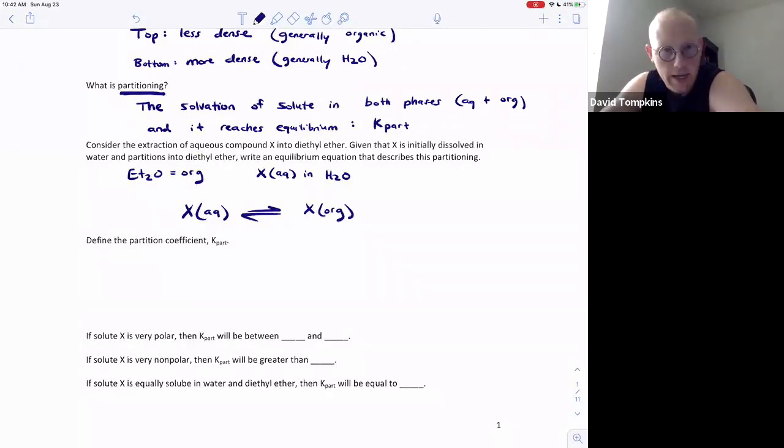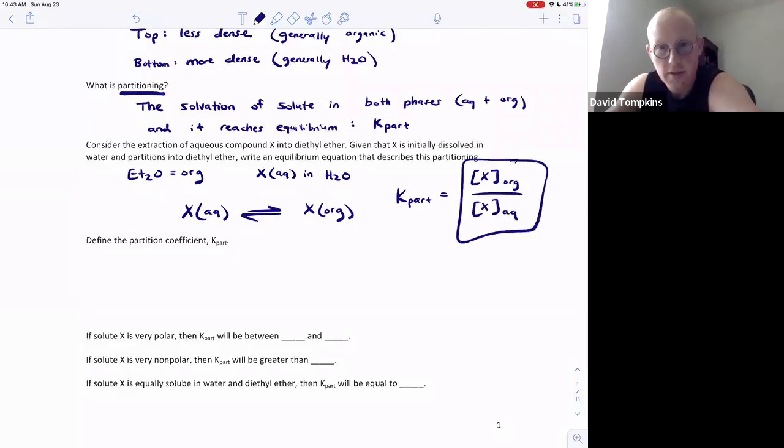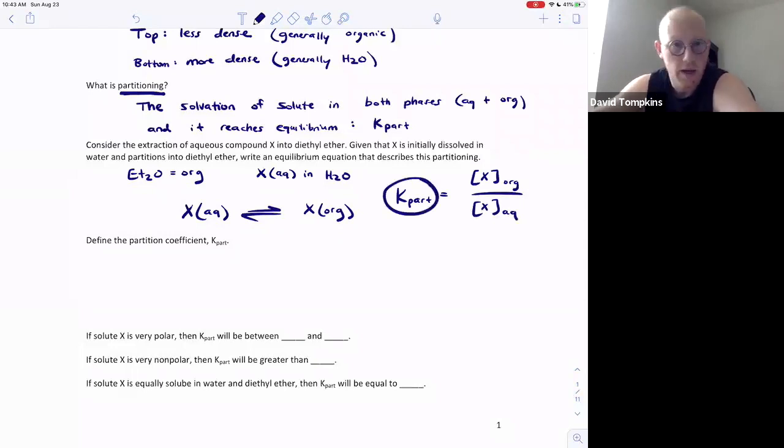And Kpart, in terms of concentration, is just like any other equilibrium constant: solute X in the organic layer divided by solute X in the aqueous layer. The ratio of those concentrations is a unitless constant that tells you about the number of molecules in each phase.